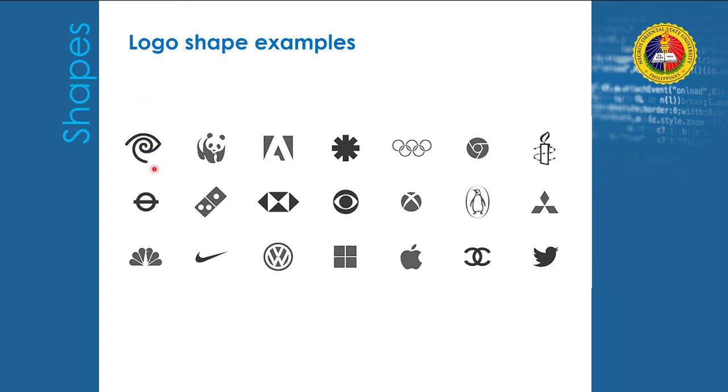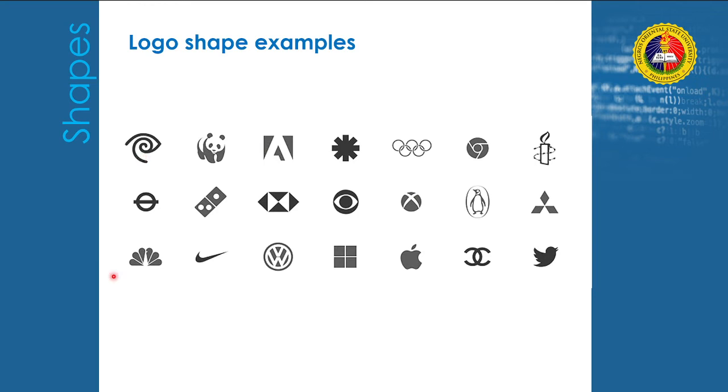Some of the logos can be recreated using rulers or measuring tools. Let's say Mitsubishi, you can draw that using measurement tools. This Domino's Pizza, this Volkswagen, and the rest.